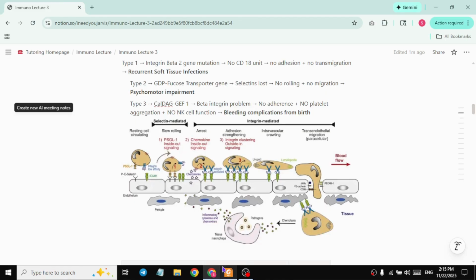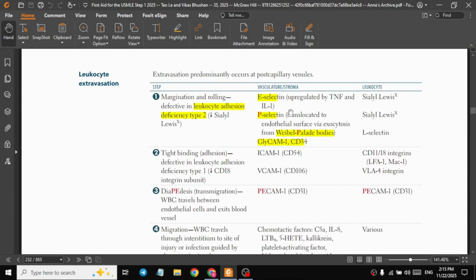And then you see what the difference between the two is. E-selectins are generally upregulated by inflammatory cascades. So whenever there is some sort of inflammation happening within the tissue, E-selectins are going to be higher. P-selectins are beneath the endothelial surface, within these bodies called Weibel-Palade bodies.